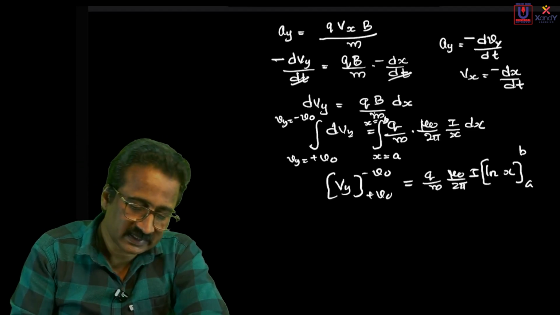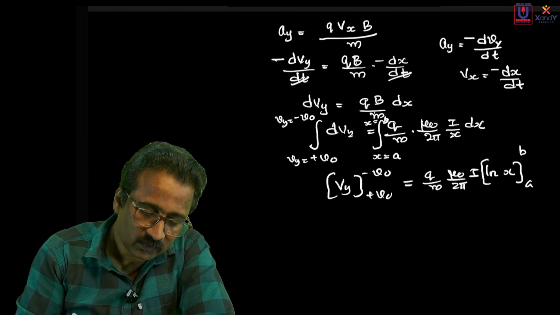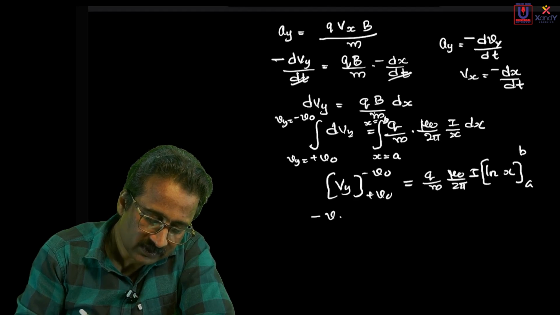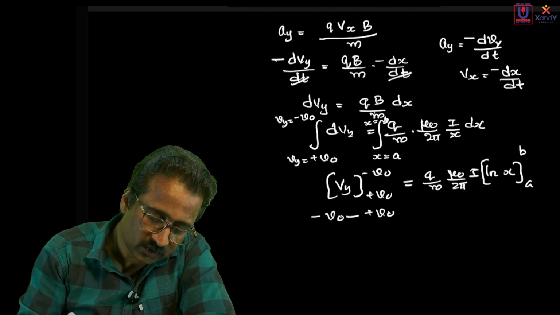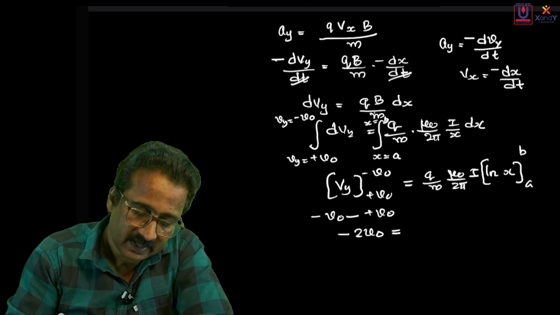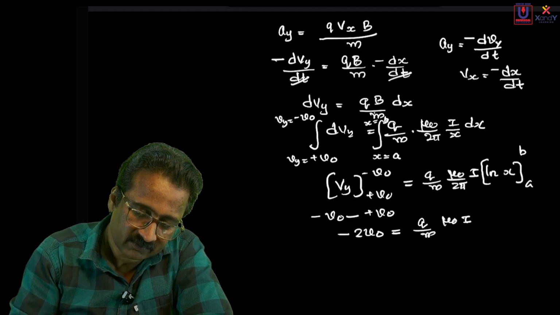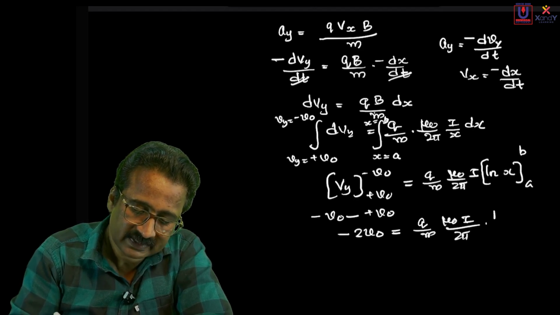It's almost over, I think. Integral of Vy between the two limits is minus V0 minus plus V0, which is going to be minus 2V0. So minus 2V0 is equal to q by m times mu 0 I divided by 2 pi, that into log.